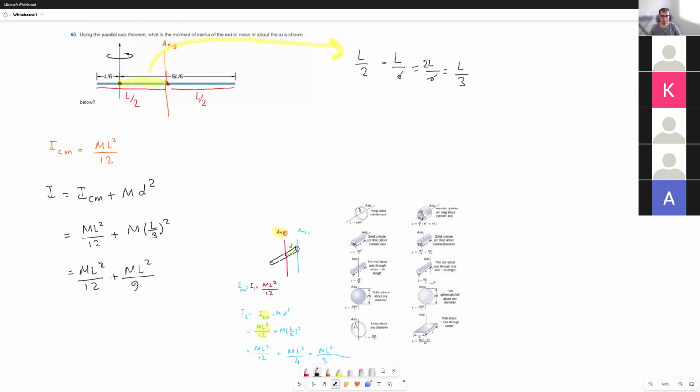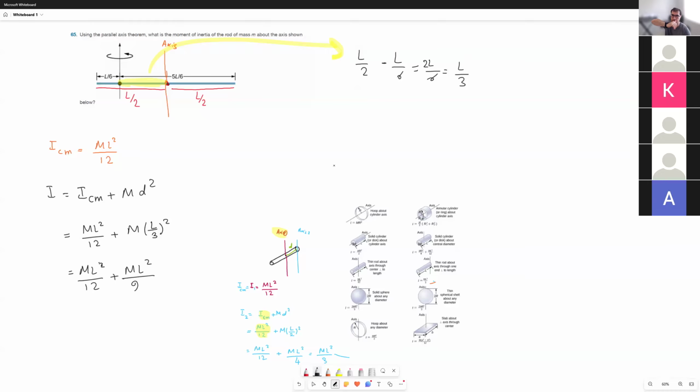Are we good? Let's take a look at more problems here. Go ahead, Lucian. I'm kind of lost on how you got the L over 2 that you subtracted from the L over 6. Yeah. That orange axis is going to be passing through the center of mass, right?